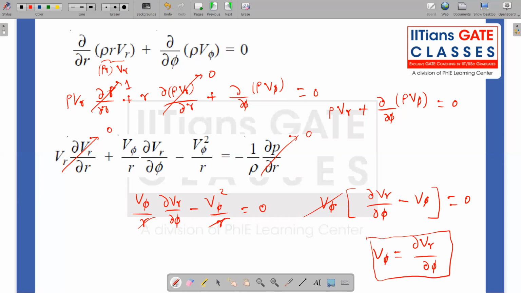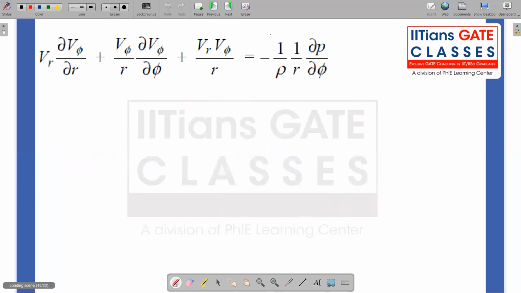Okay. Now I am using the phi direction momentum equation. Here what I have, V_R times ∂V_φ/∂R, so this part goes to 0. Now what I am left with, if I take V_φ common over here, V_φ/R, we can cancel R from all the sides because this term is already vanished.